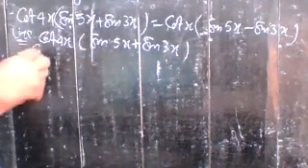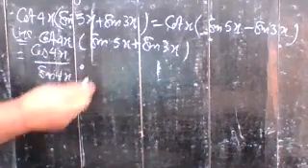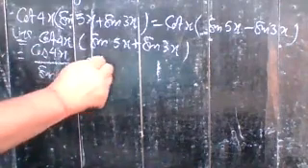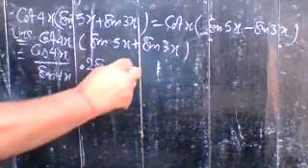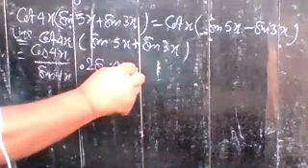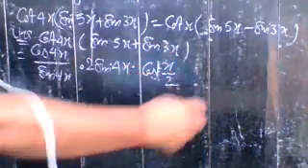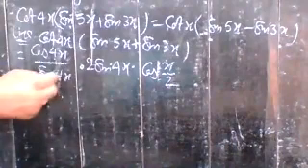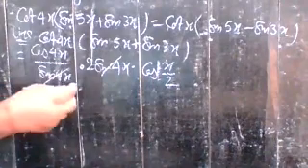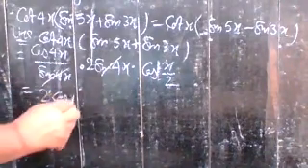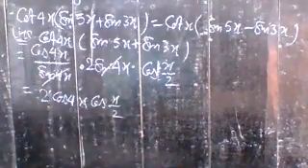So write cos 4x upon sine 4x into, applying the identity, 2 sine (a plus b) by 2, so 8x by 2, so you have sine 4x, into cos (x minus y) by 2, so you have x by 2. So here sine 4x and sine 4x cancel out, and you have the result 2 cos 4x cos x by 2.